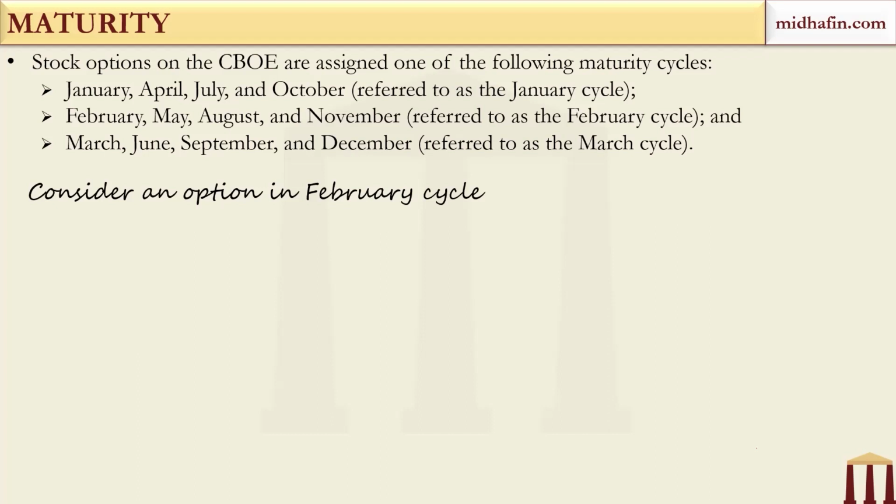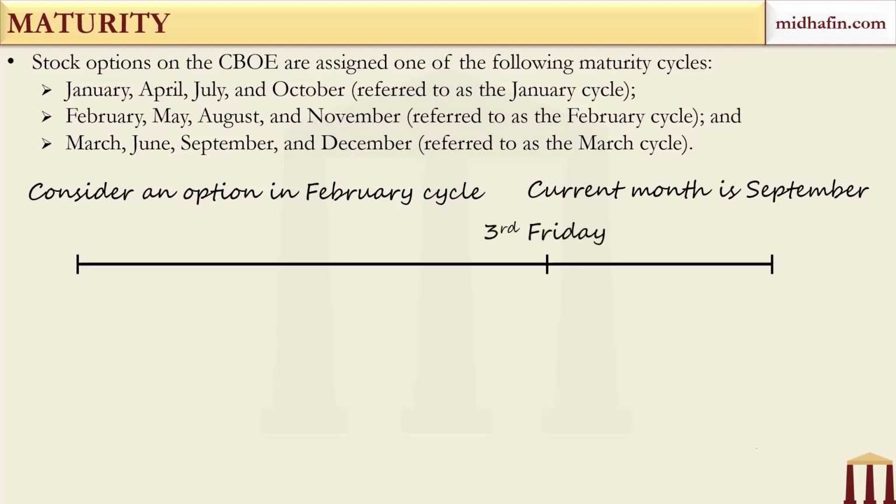So let's say there is an option which is in the February cycle, which is already defined. It is usually defined by the issuers themselves that this option is in this cycle. Let's say they have defined it as the February cycle, and currently it's the month of September. There are two things that you need to understand in order to identify what maturities of the option contracts will be trading. You need to look at the month, and then you have to identify the third Friday where it is.